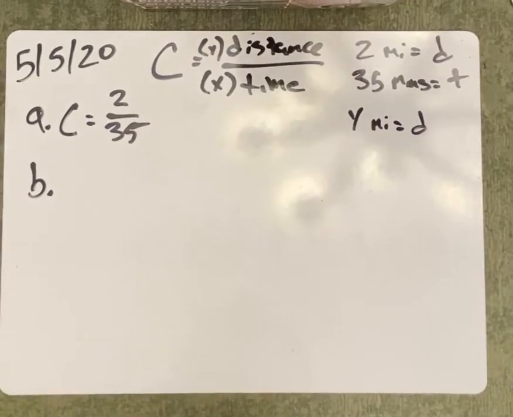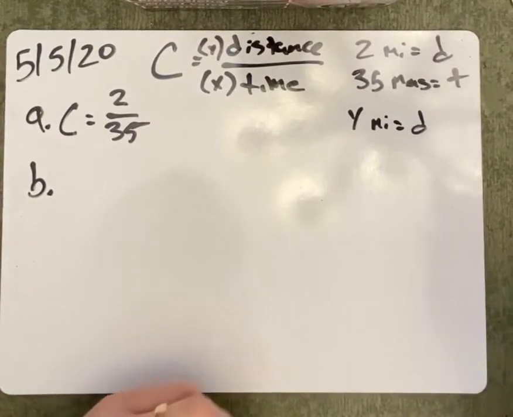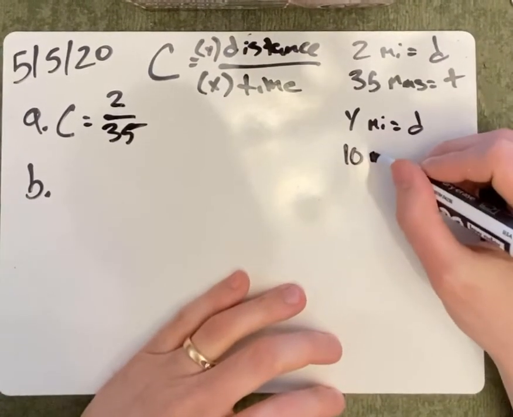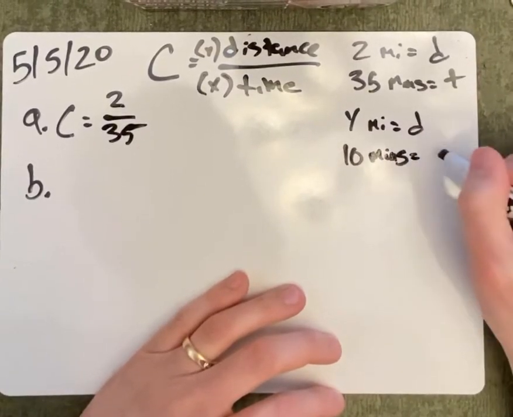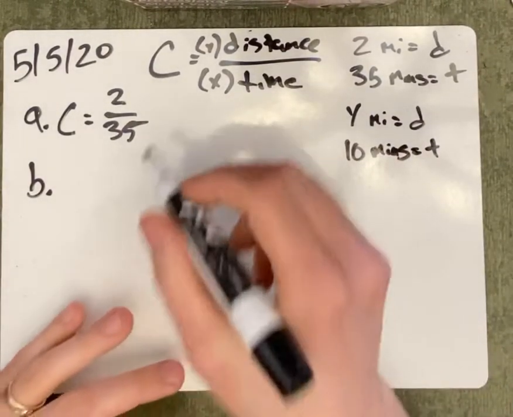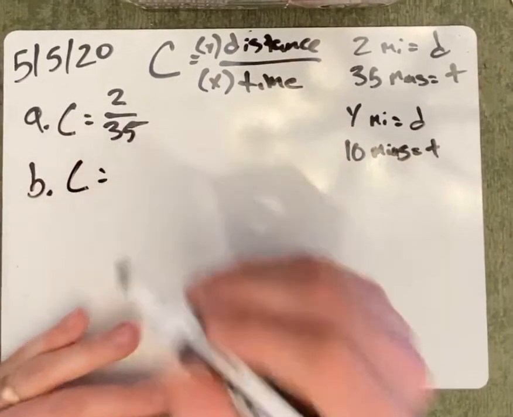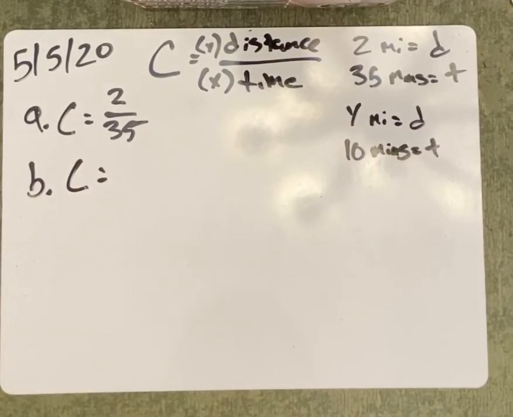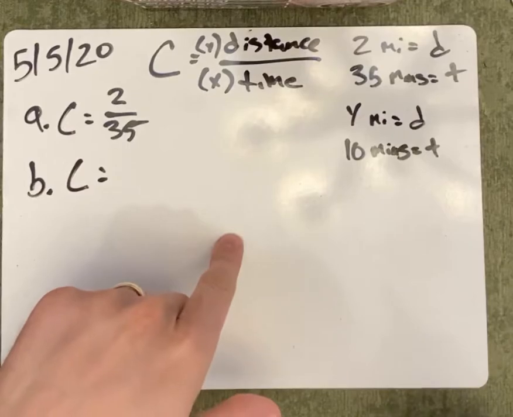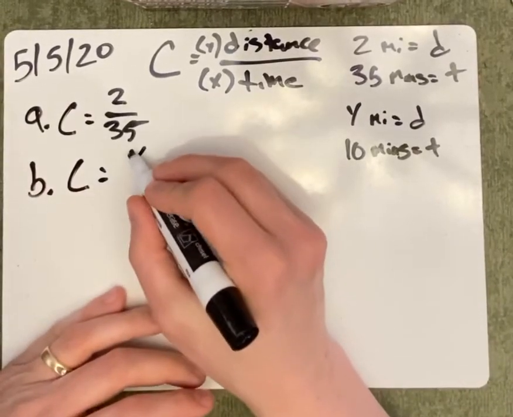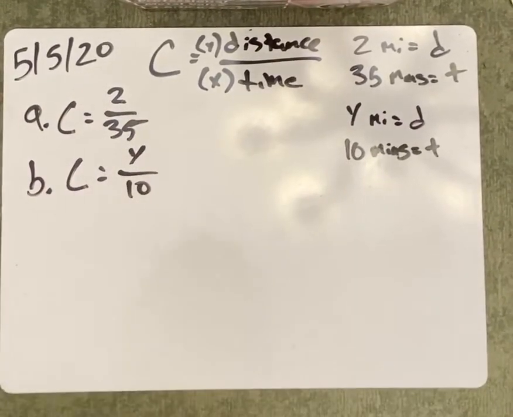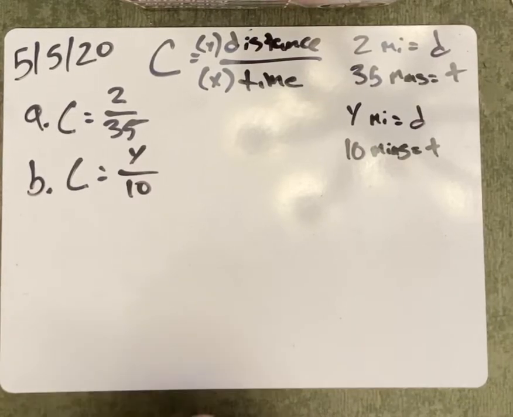Okay? And I know that she walked 10 minutes, and that's the time. So for part B, again, we're just setting up a fraction, okay? So, distance over time, it's just Y over 10. All right, boom. Part B, finished.